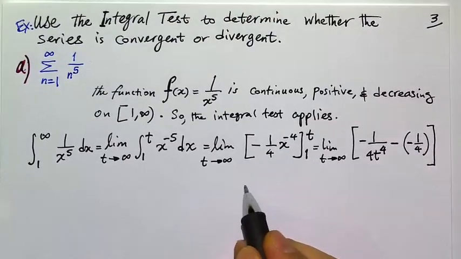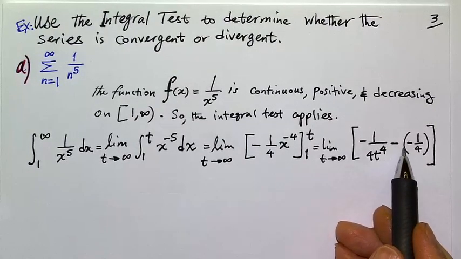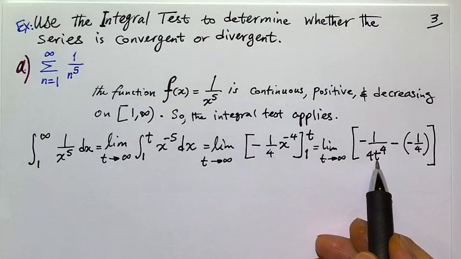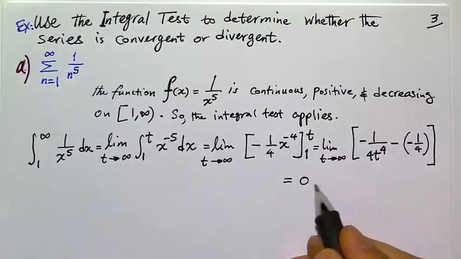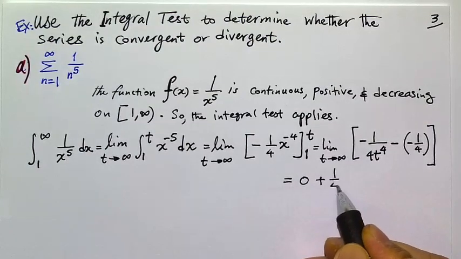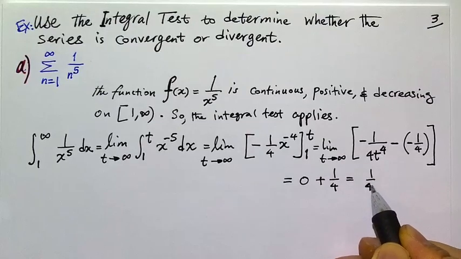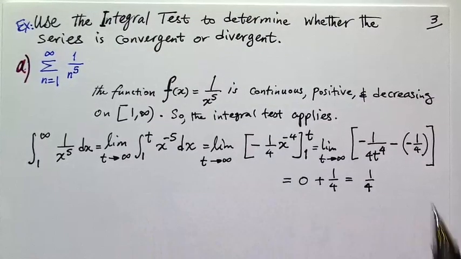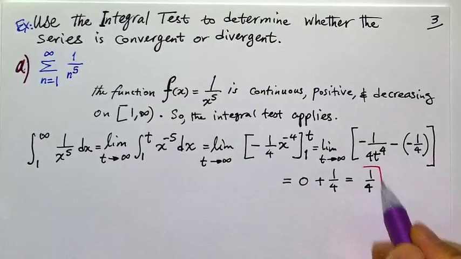So then this will be positive 1/4, and if we apply the limit to this t, we get minus 1/infinity, which is 0. So we'll end up with 0 minus minus is plus 1/4, and so we get 1/4 for this improper integral. So of course, the integral did converge, right?